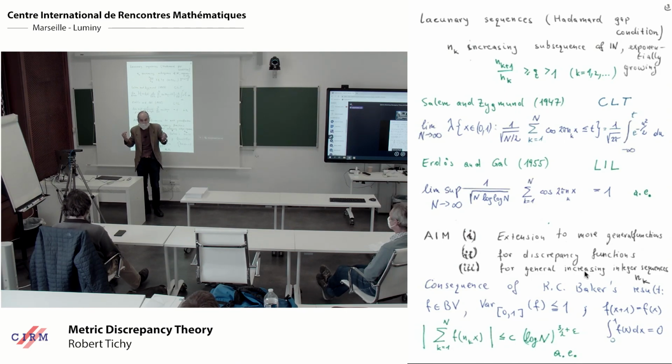So we want to analyze the distributional properties of these kinds of sequences compared with true random sequences. What are the differences and what can be observed?